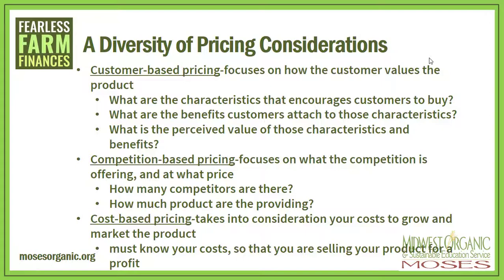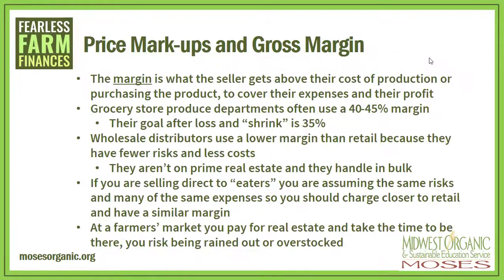Most farms are not in business to break even or lose money, and so as we discussed in chapter 16 or in module 11, I believe, the enterprise budgets, it's important for you to understand your cost of production for each of your products. Only if your products, or at least the majority of them, are being sold for a profit will your farm be sustainable.